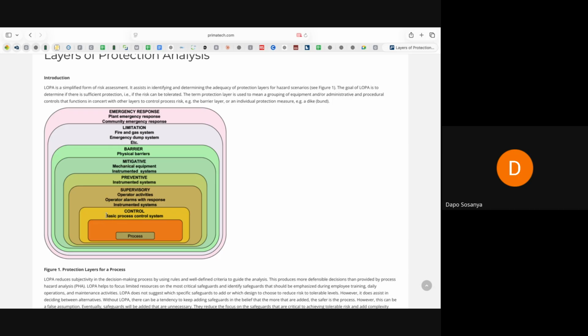So this is the basic process control system. Your DCS normally is the basic process control system. Then outside it, you have your SIS, safety instrumented system. And then you see the hierarchy over there. Okay, so I wanted to show that.